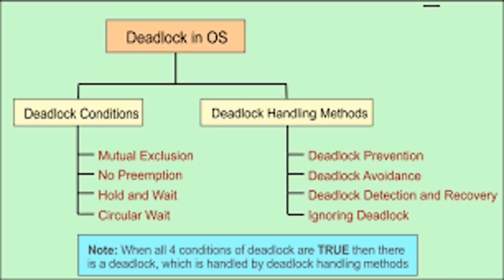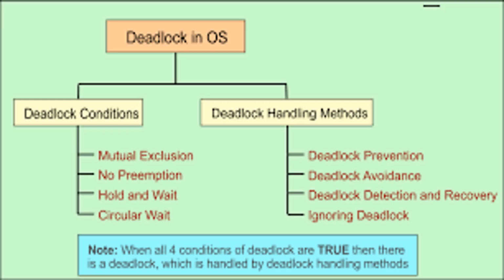In case a deadlock has occurred, it can be handled by four different methodologies. One is deadlock prevention, then deadlock avoidance, deadlock detection and recovery, and ignoring deadlock.